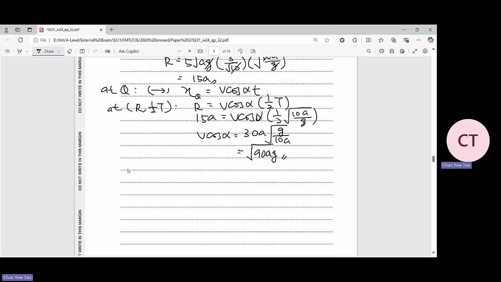At Q again, if you consider the vertical component, you get y Q is equal to v sine alpha t minus a half g t square. Your y Q is 0 because when you reach back to the ground, the vertical height is 0, and the time will still be half of t.